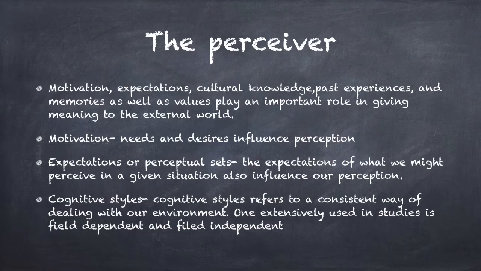For example, suppose you are stressed, you are not doing really well, and then I show you a picture of a person sitting at a table, then probably you will perceive the person to be also in stress the way you are stressed. So it happens. The way we are, or the needs and desires that we have, we perceive things like that.